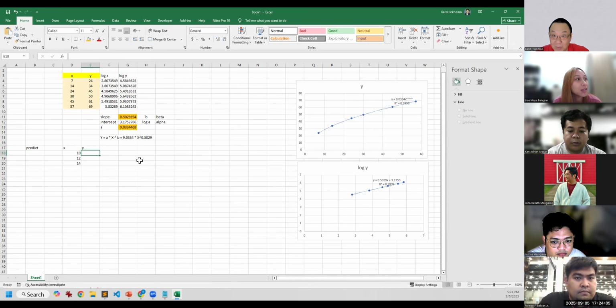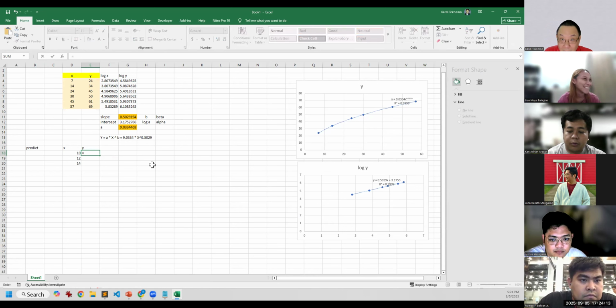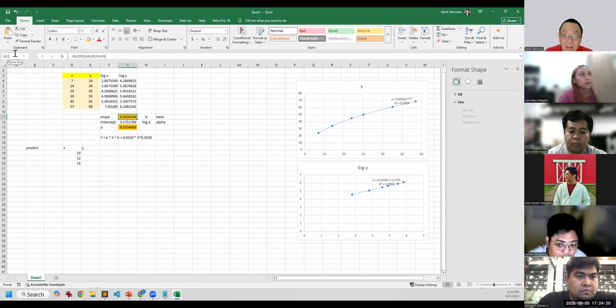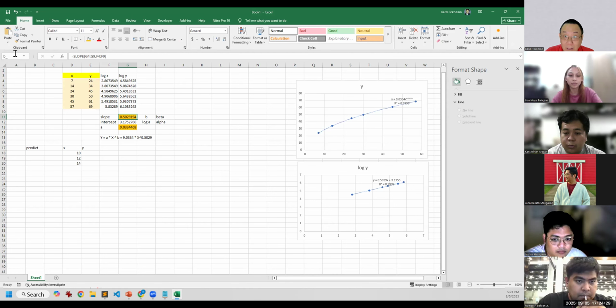Yes, so we have the equation, this one, right? Before that, let's put the same name so that we can substitute easily. So this name is P. I put an underscore because Excel does not allow one letter. And then let's name this A underscore.